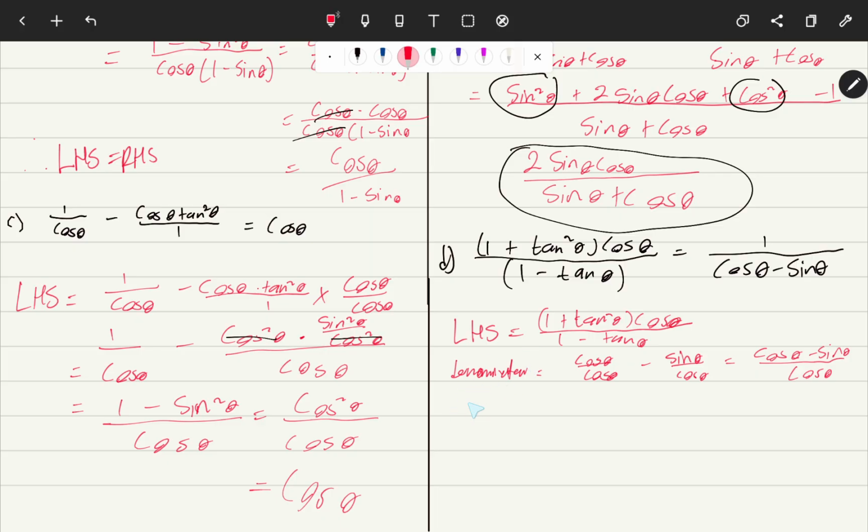Left hand side is equal to, so I have cos² divided by cos² plus sin² all over cos², right?